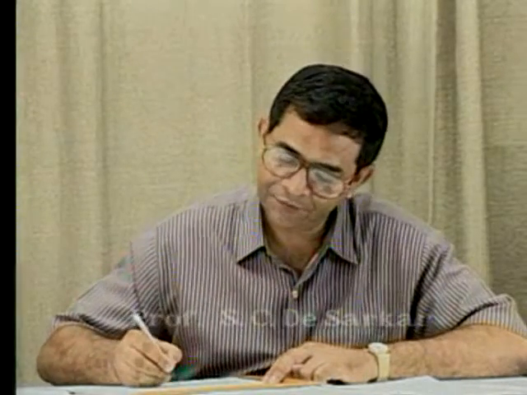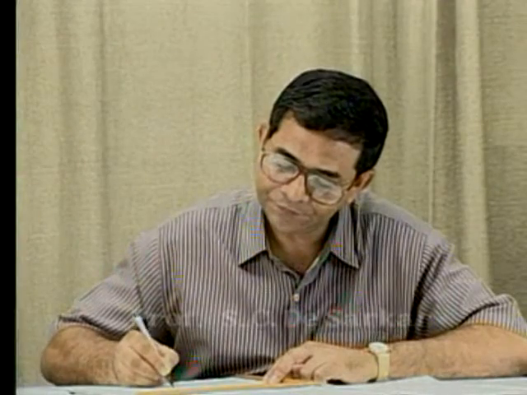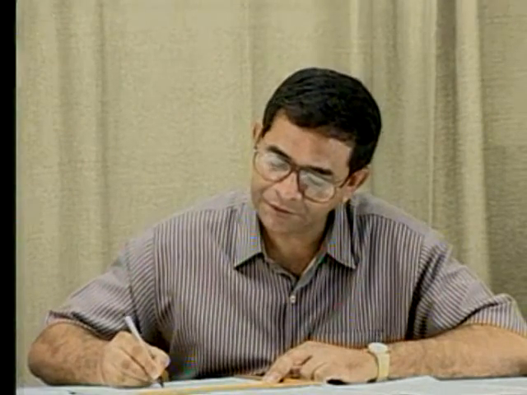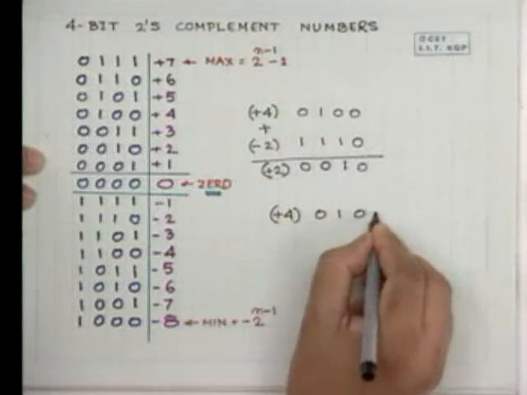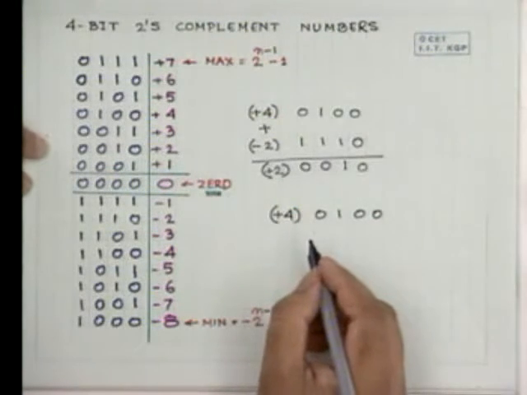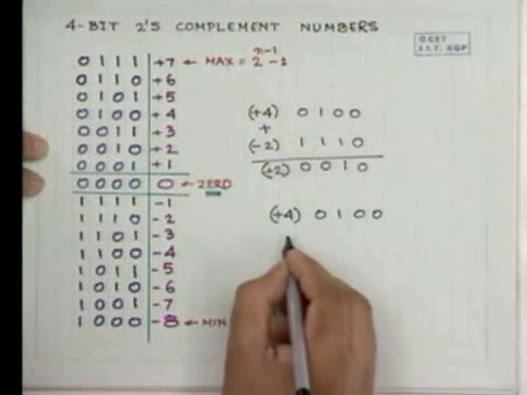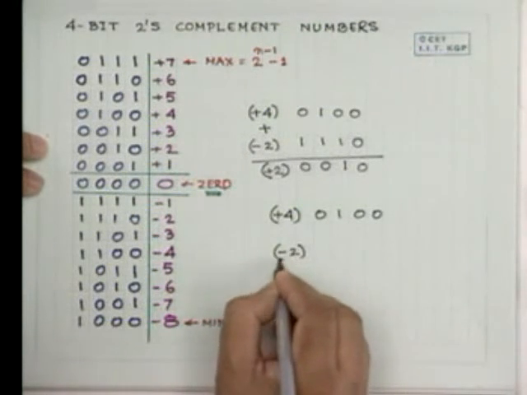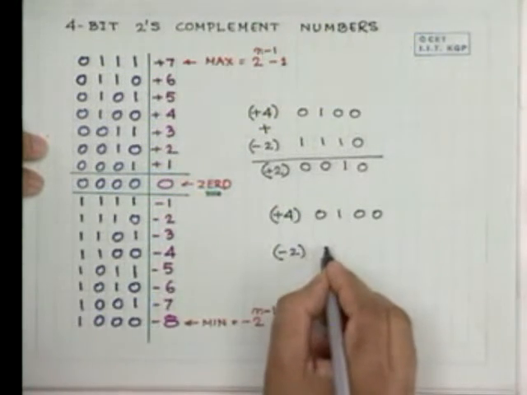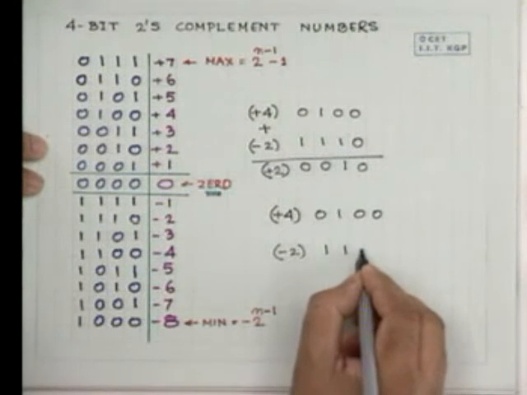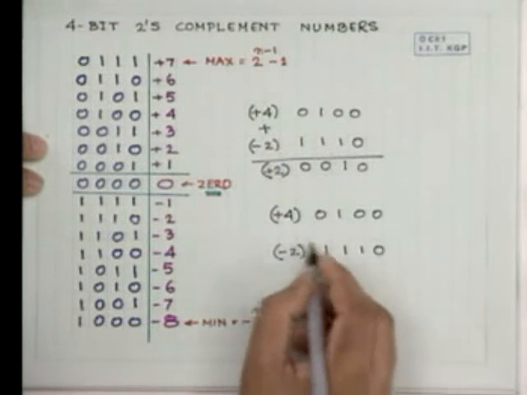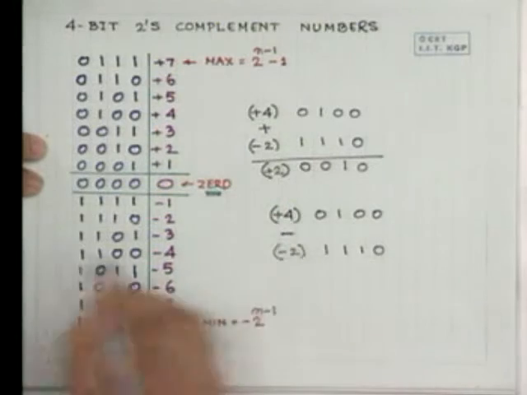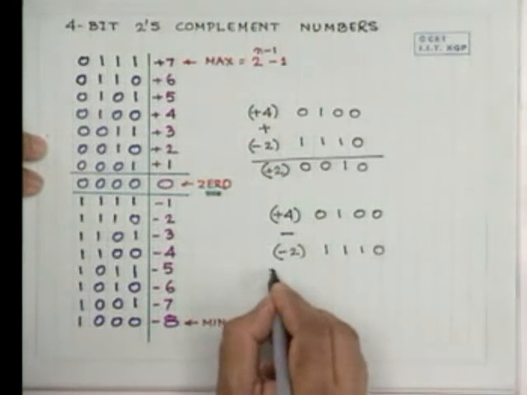Now, let us see another example where we have plus 4 represented by 0, 1, 0, 0, and a minus 2, okay, say minus 2 once more is 1, 1, 1, 0, and say you want to do a subtraction, right?